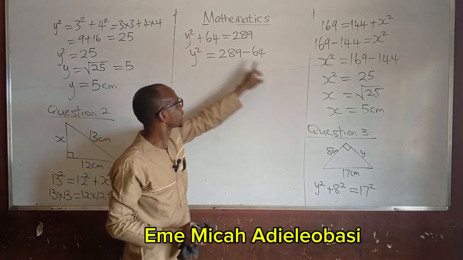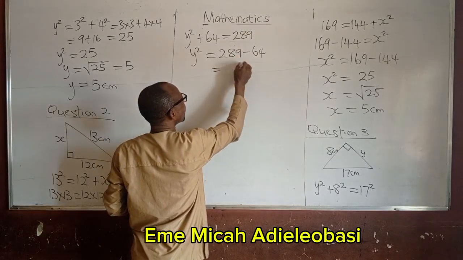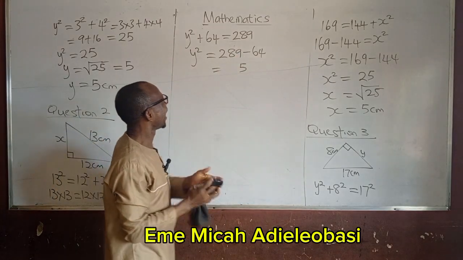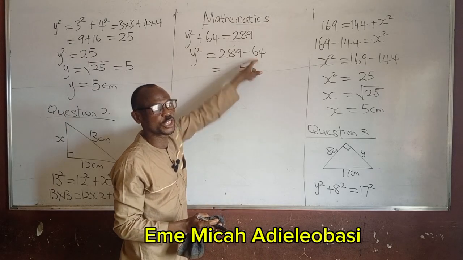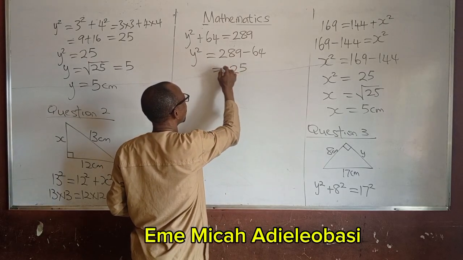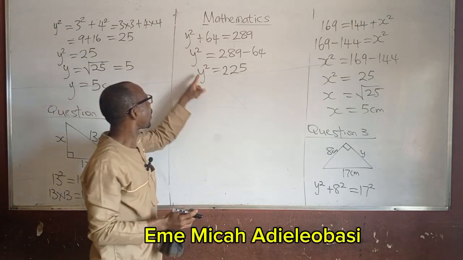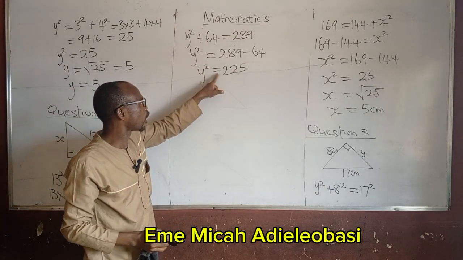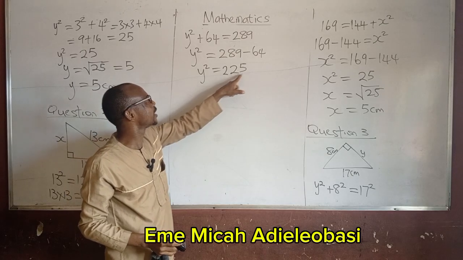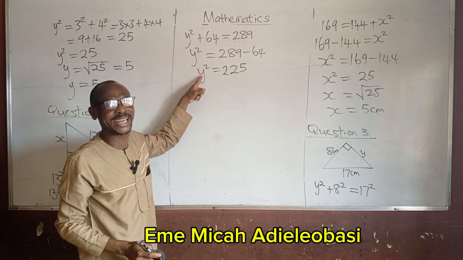Now make we subtract. 9 minus 4 will give us 5. 8 minus 6 will give us 2. And 2 minus 0 will give us 2. So what do we get now? Our y square they equal to 225.